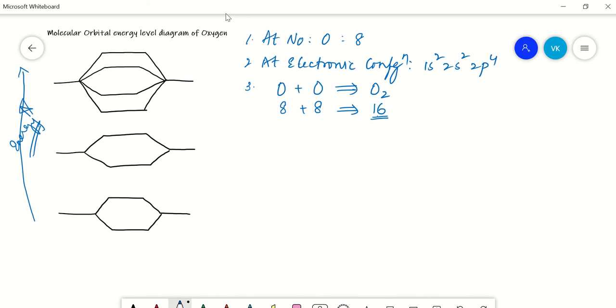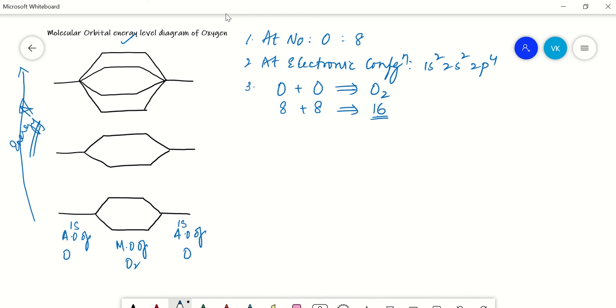Now this side and this side are the atomic orbitals of oxygen, one on each side. What is at the center is the molecular orbitals of oxygen. All this center part will be molecular orbitals of oxygen, right? Now the first thing is the 1s orbital.